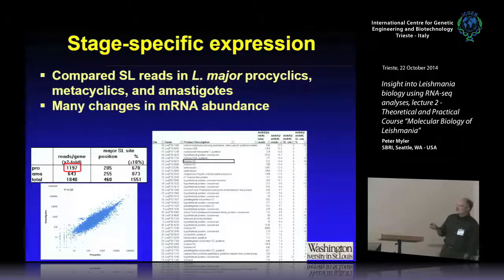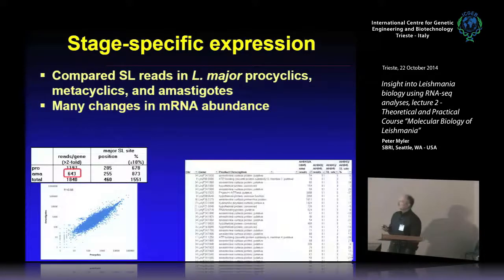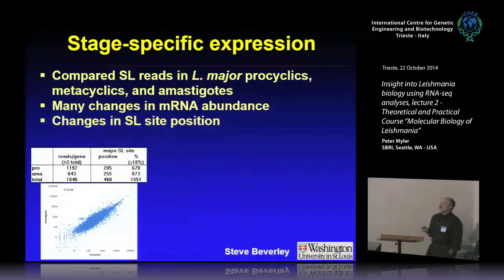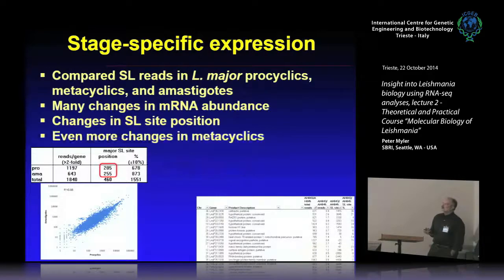Interestingly, some histones and tubulins are upregulated, and that's because promastigotes grow faster than amastigotes. So fairly large numbers of genes change. What we also found was that for several hundred genes, there was a change in the position of the major splice leader site. I'll come back to that in a moment. So there's stage-specific regulation of the major splicing site.